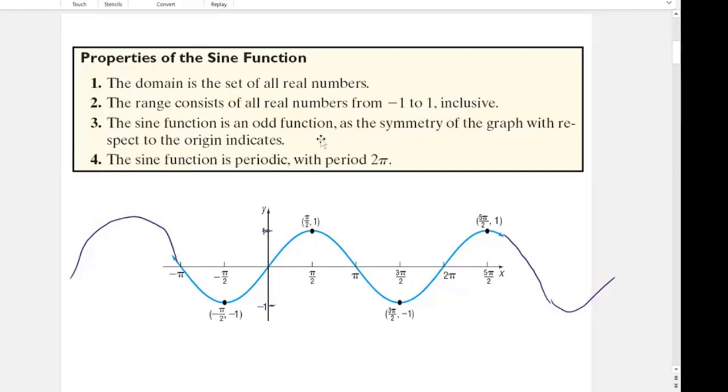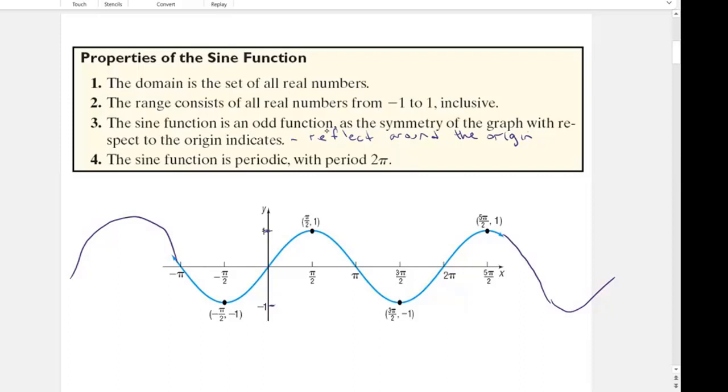The sine function is odd. We didn't talk a lot about odd and even functions, I don't believe, but odd functions always reflect around the origin. So what that means is, if I take this graph, and if you want, you could draw a picture of this real quick.